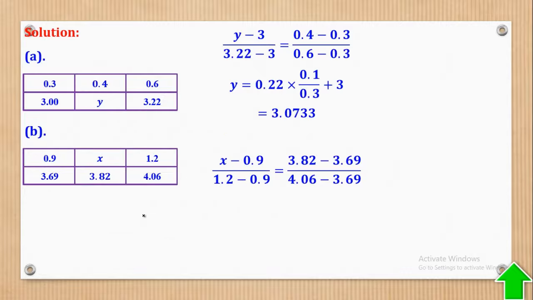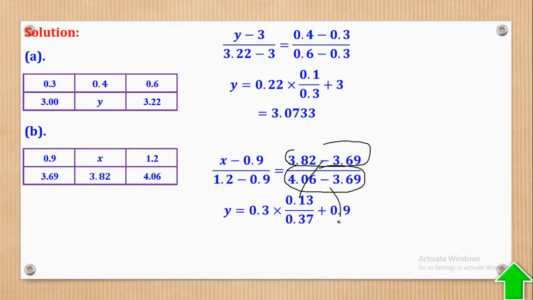After that, the next thing to do is to make x the subject, and that is all they want. When I make x the subject, you realize that this gives you 0.13, this gives you 0.37, and this gives you 0.3, and this one comes here.